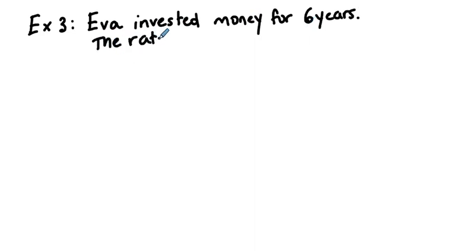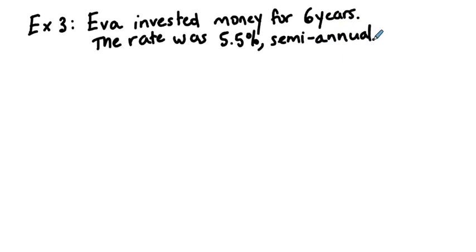The rate was 5.5% semi-annual. So I didn't go over this in the first video, but now we'll do that. At maturity, so I mentioned that earlier. Maturity means that the investment is over. So 6 years. At the end, we say it reached maturity.